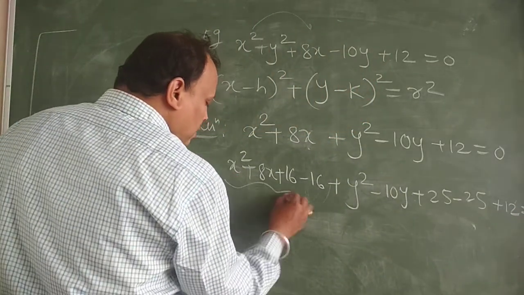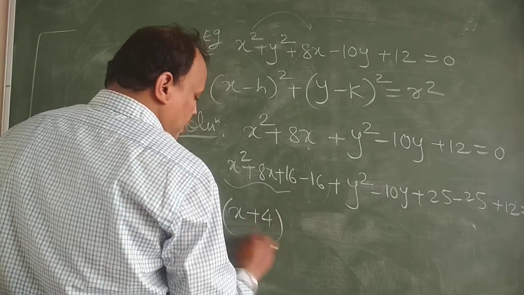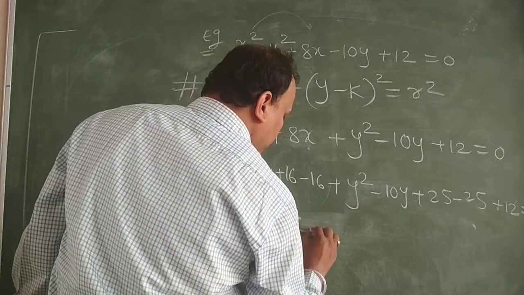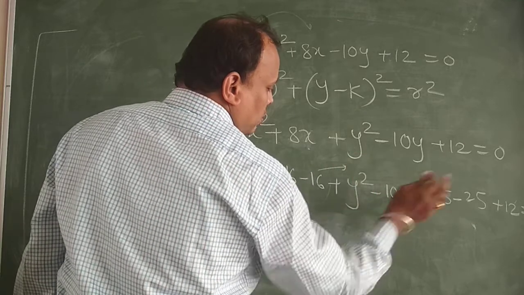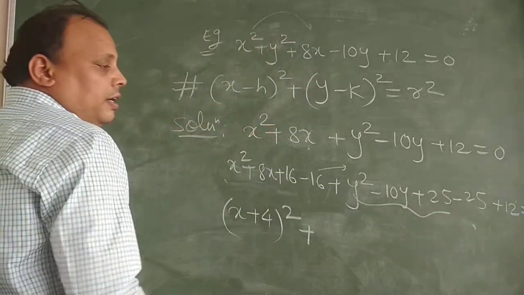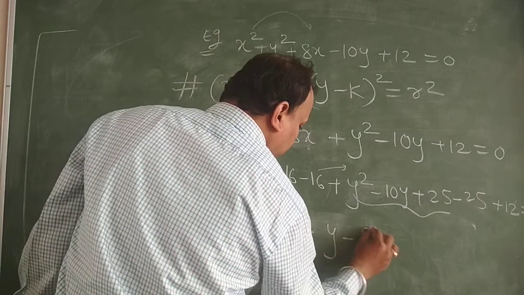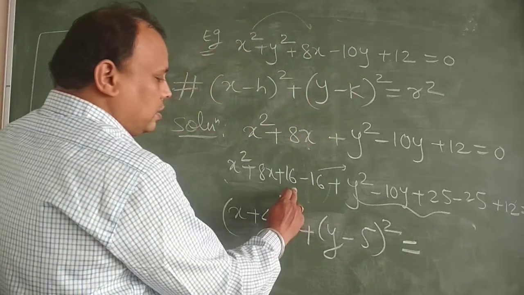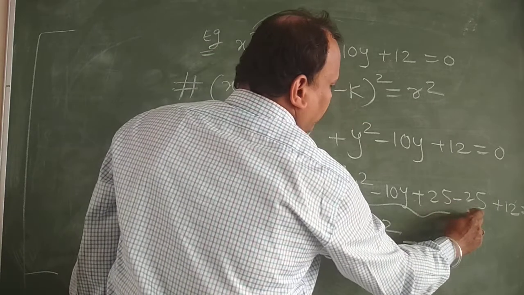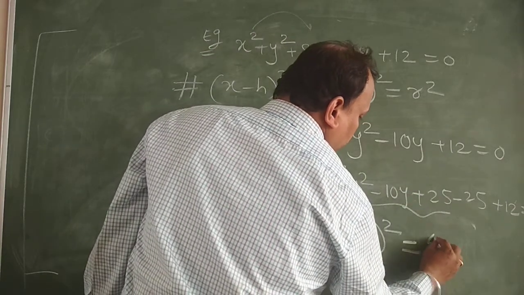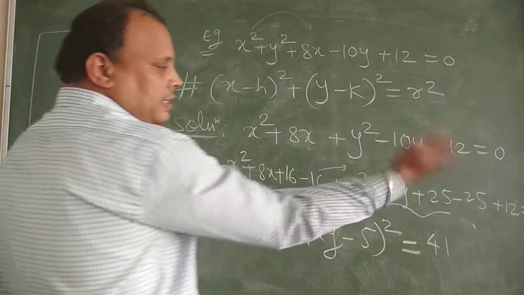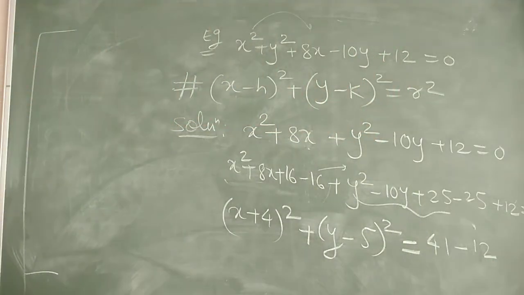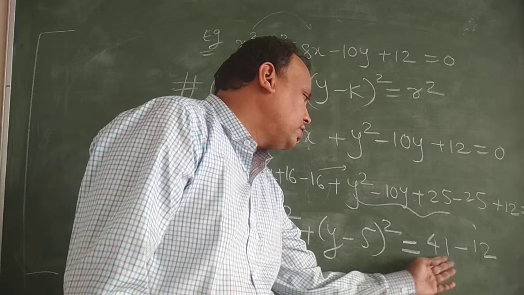So this is nothing but x plus 4 whole square, and this becomes y minus 5 whole square. If we throw all the constants onto the right hand side, minus 16 and minus 25 and the 12 combine to become 29.